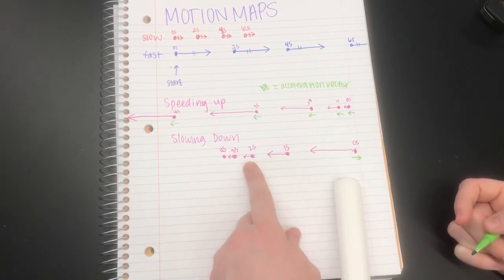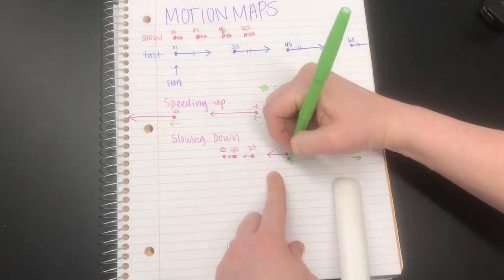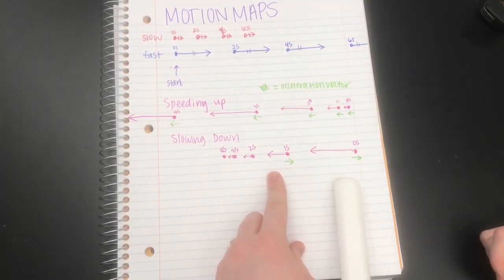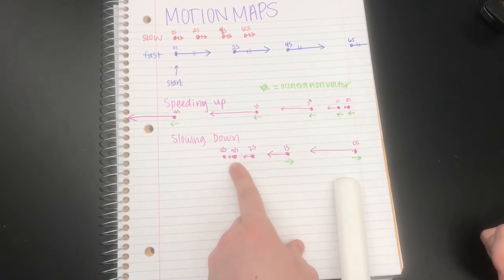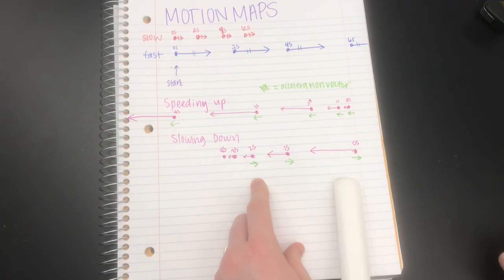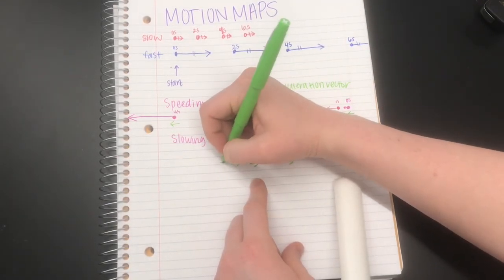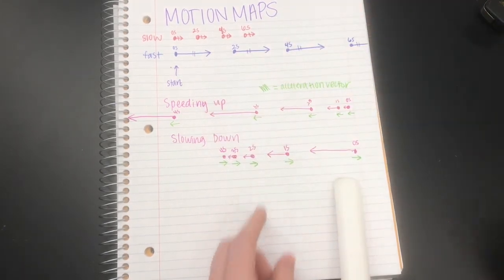Same thing from here to here. I'd want to shrink my arrow. Same thing from here to here. I want to shrink. And then again from 3 to 4 seconds. And then we're going to add one to that last second.